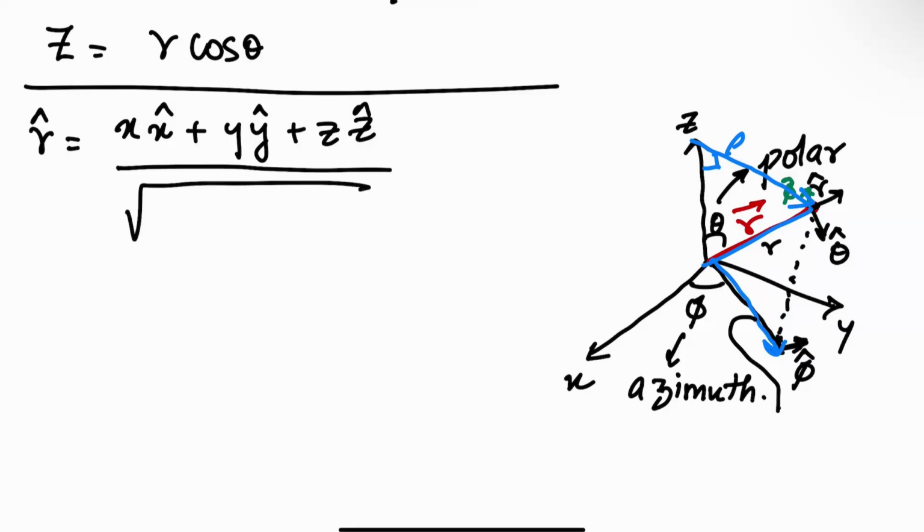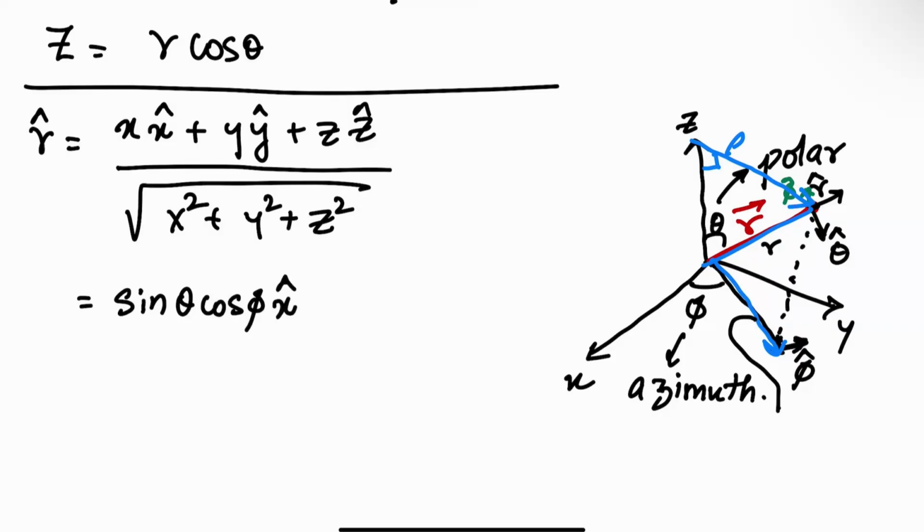Divided by the square root of x squared plus y squared plus z squared to normalize it. I can replace x, y, z from what we just derived. So that's sine theta cosine phi x hat plus sine theta sine phi y hat plus cosine theta z hat.